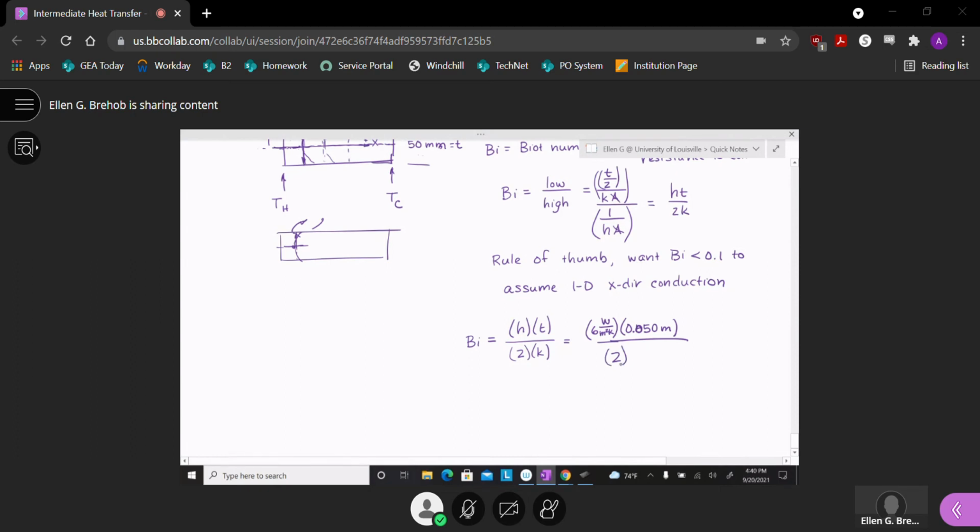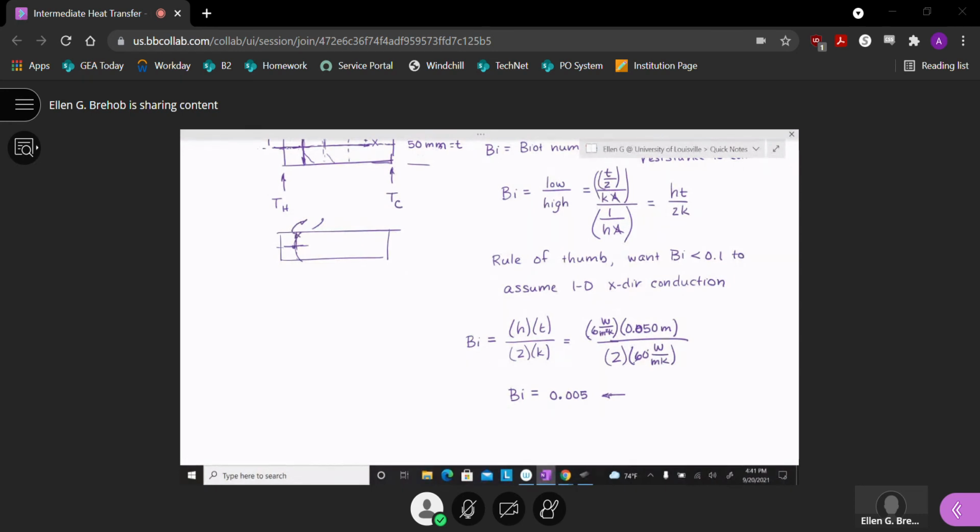And then for carbon steel, the thermal conductivity, 60 watts per meter Kelvin. Okay, so I kind of picked these two because I like getting rid of those 6s. So this had quite a small Biot number.